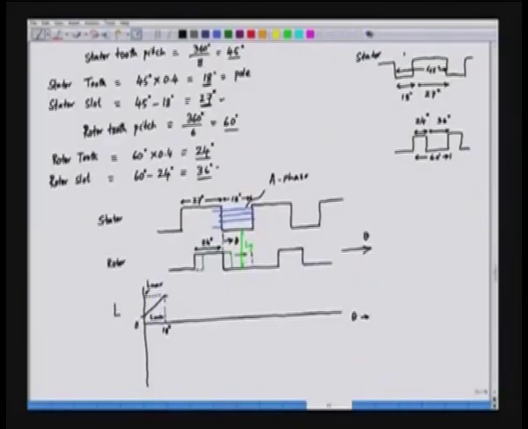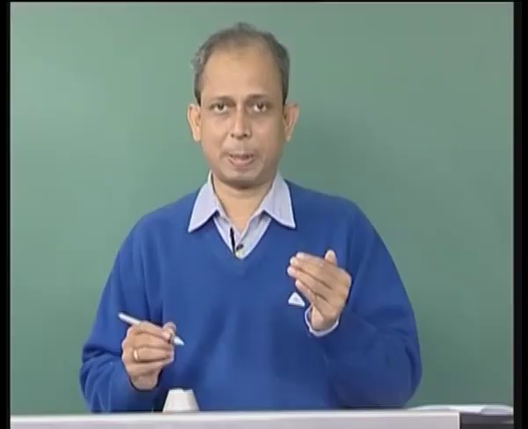The inductance will be constant for 6 degrees, and 6 degrees plus 18 degrees will be 24 degrees. So, from 18 to 24, the inductance of that particular phase will in fact be constant.